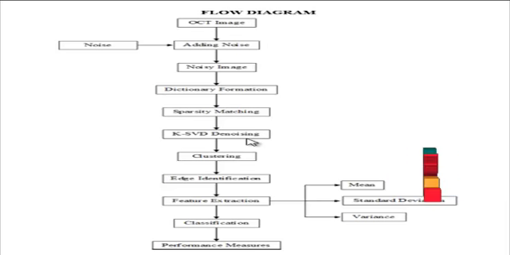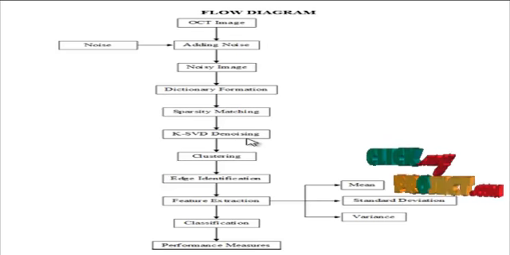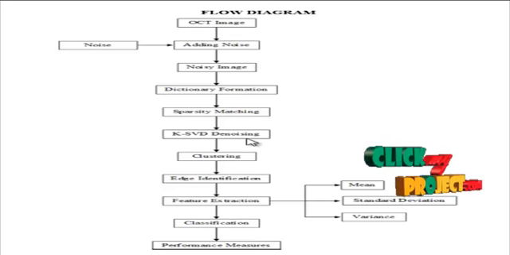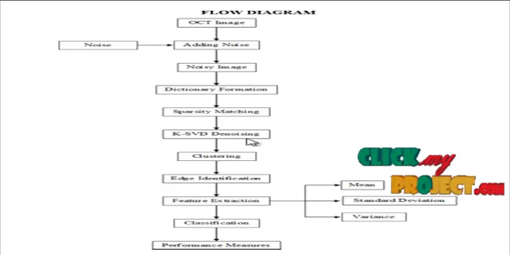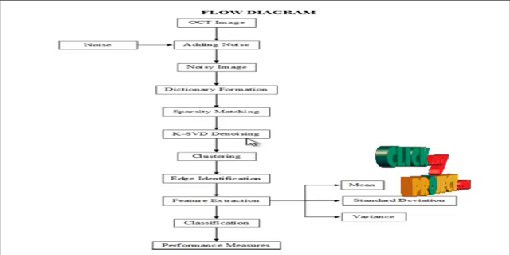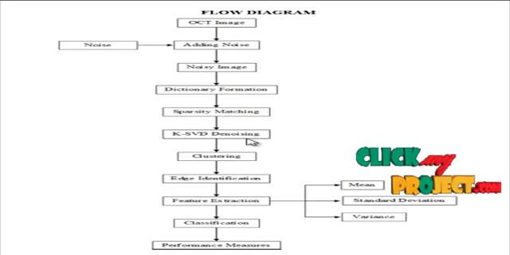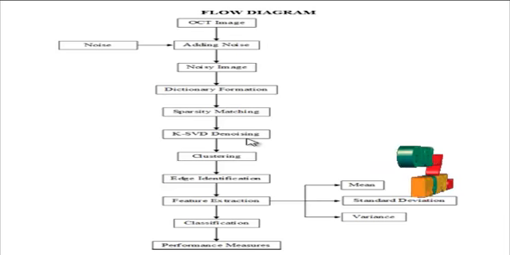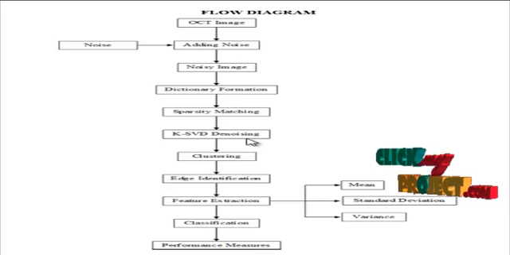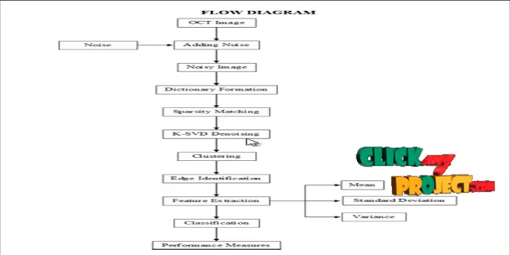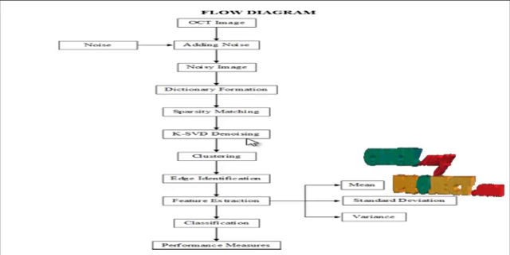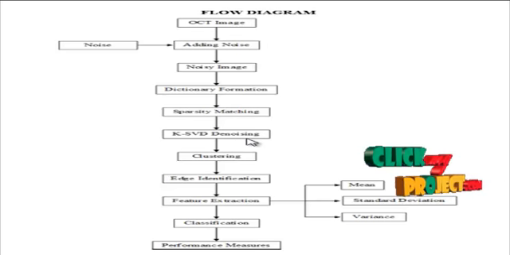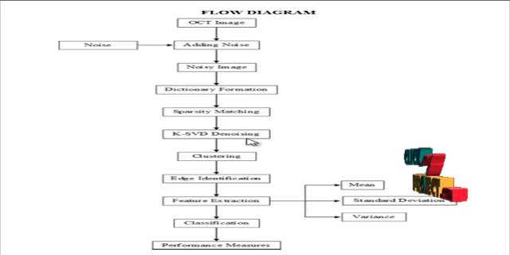KSVD is a generalization of the K-means clustering method, and it works by iteratively alternating between sparse coding the input data based on the current dictionary, and updating the atoms in the dictionary to better fit the data. It aims to partition n observations into few clusters in which each observation belongs to the cluster with the nearest mean, serving as the prototype of the cluster.